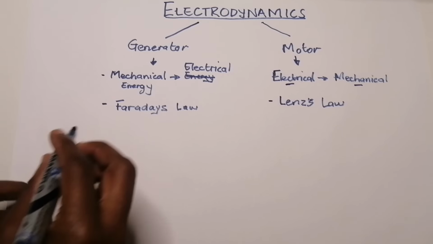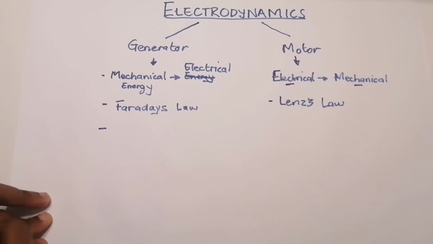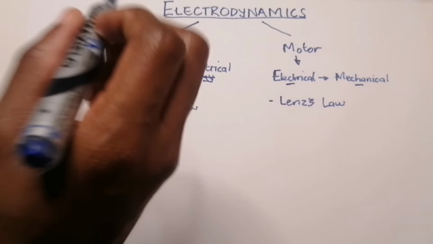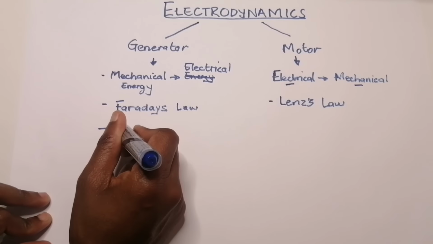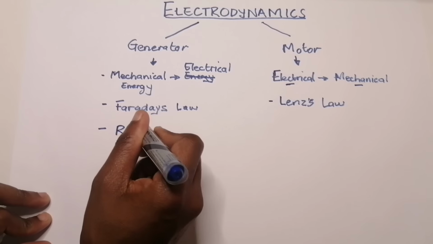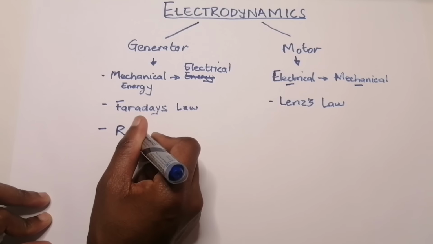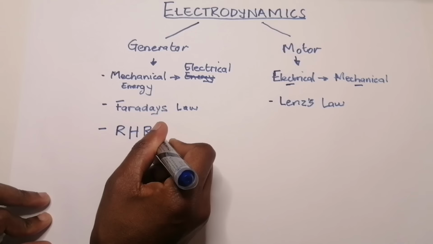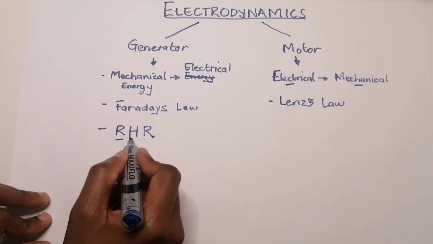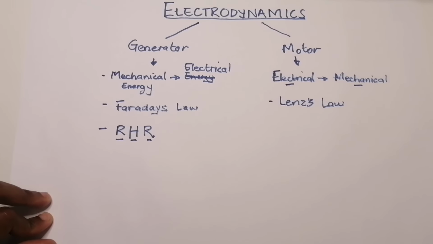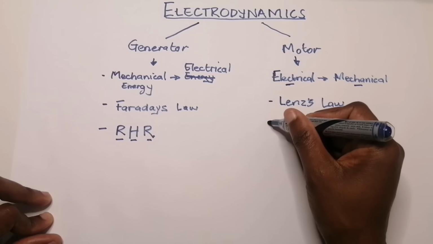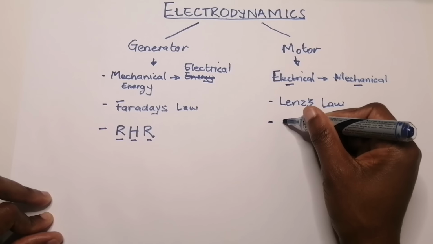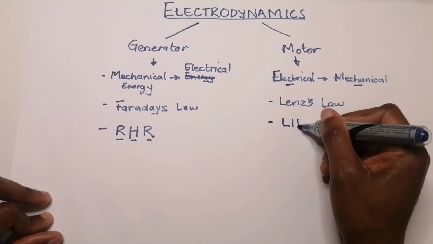Now, all I just want you to remember is that a generator will use Fleming's right hand rule. I'm just going to say RHR, so that's a right hand rule. Whereas a motor will actually use the left hand motor rule.